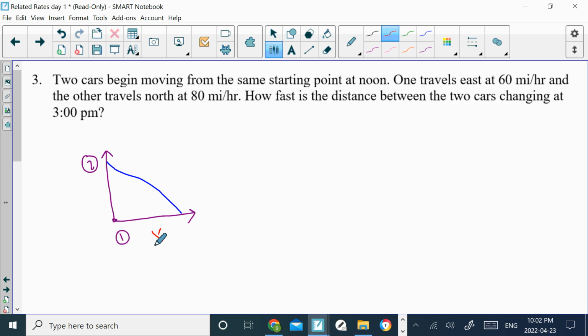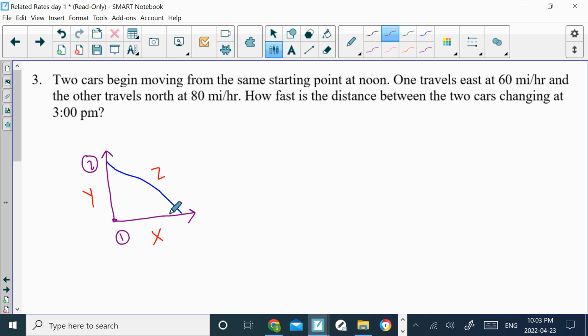So let's let x be the distance that the first car travels. We'll let y be the distance that the second car travels, and z is going to be the distance between the two cars at 3 p.m. Just like the problem before, I know the rate at which x is increasing.